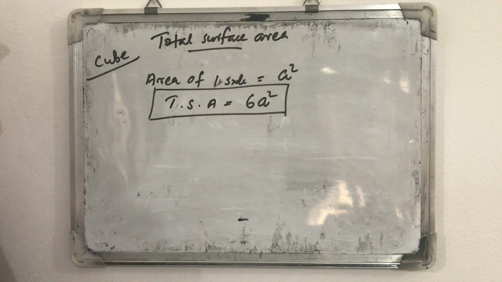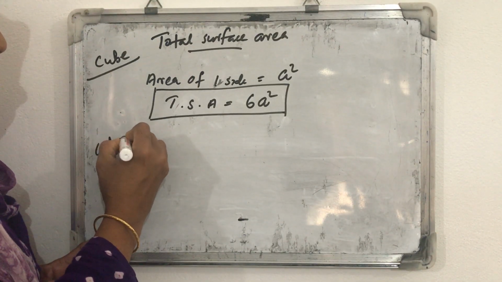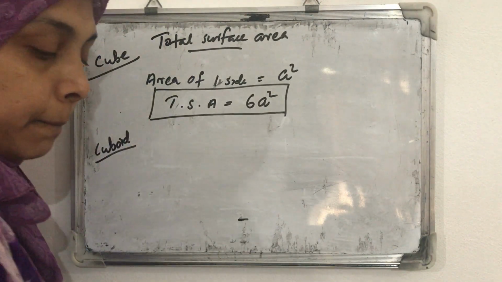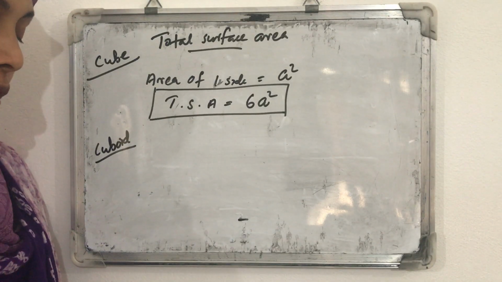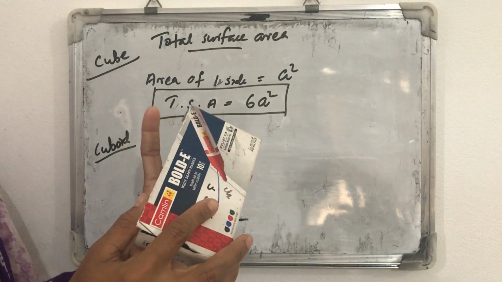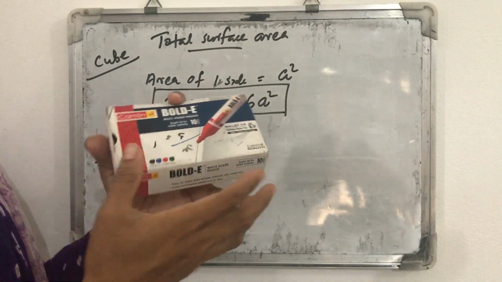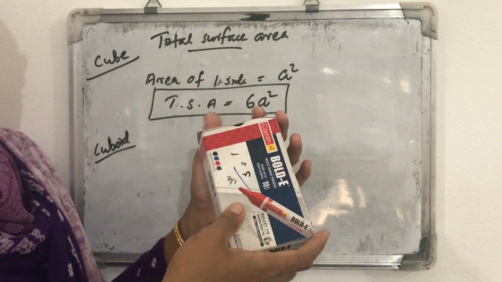Now in the case of a cuboid, how can we find the cuboid surface area? For a cuboid also, just like a cube, suppose this is a cuboid, a small pen box. All of you know this is a cuboid shape.